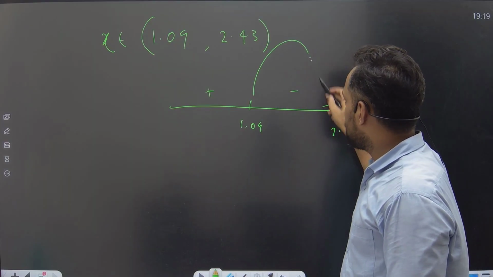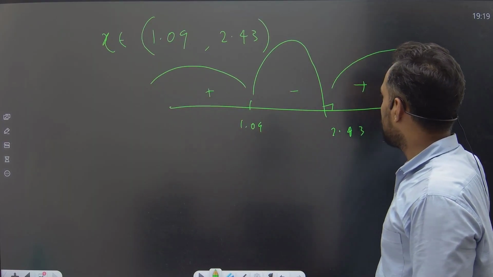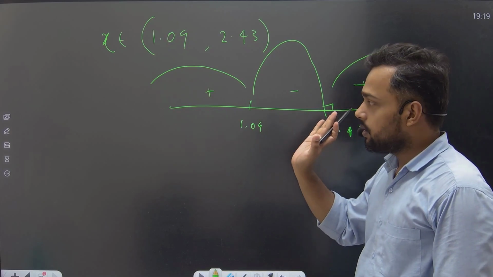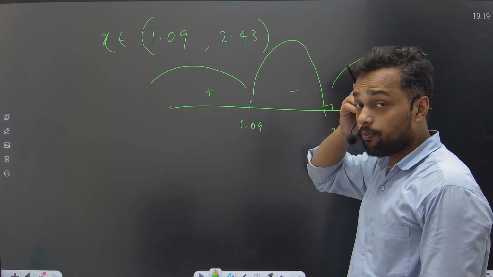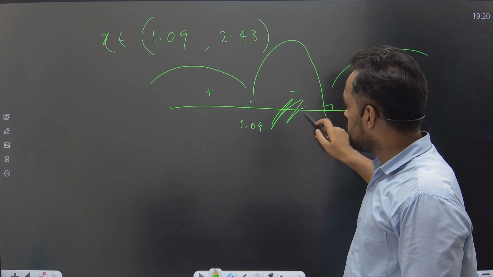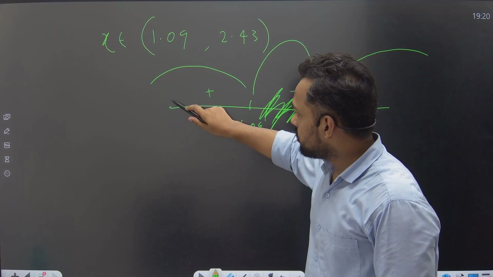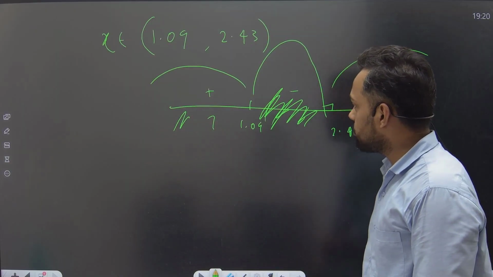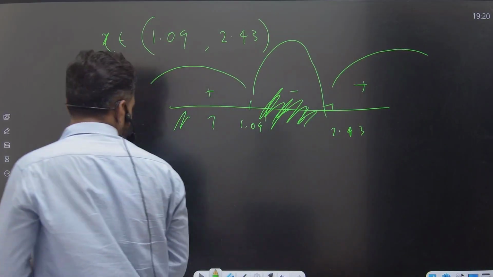So this is the negative portion and these are the positive portions. Here the curve will be towards upside, the slope will be positive in nature. So this is the negative part which they have asked for, the concave part, and this is for the positive slope, that is x belongs to the range of minus infinity to 1.09 and 2.43 to infinity.